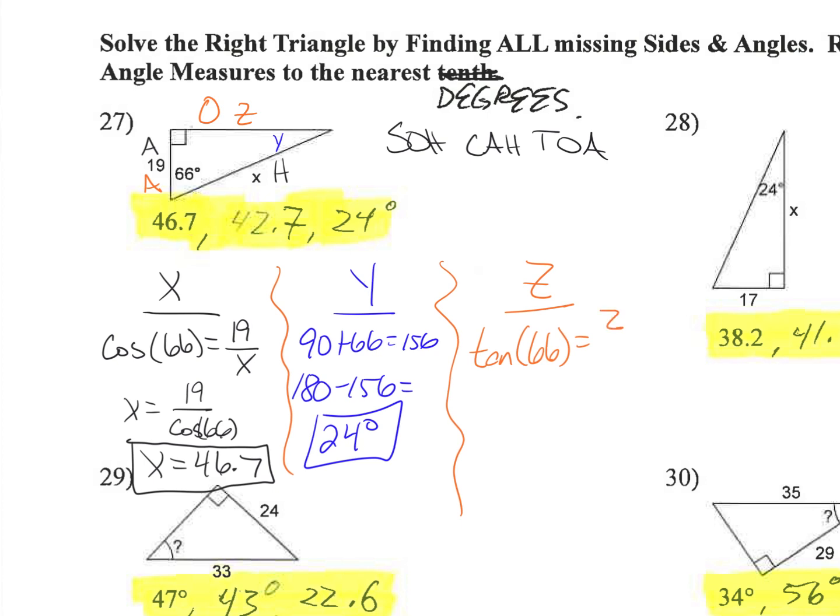Opposite is Z. Adjacent is 19. Z's on top. Multiply or divide? Multiply. Z is equal to 19 times tangent 66. And what do you get when you do that? 42.7. And there's my three answers.